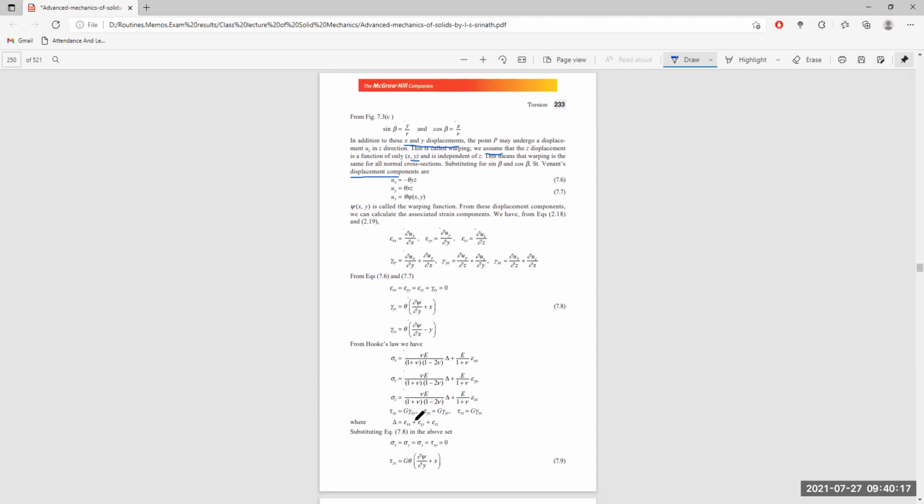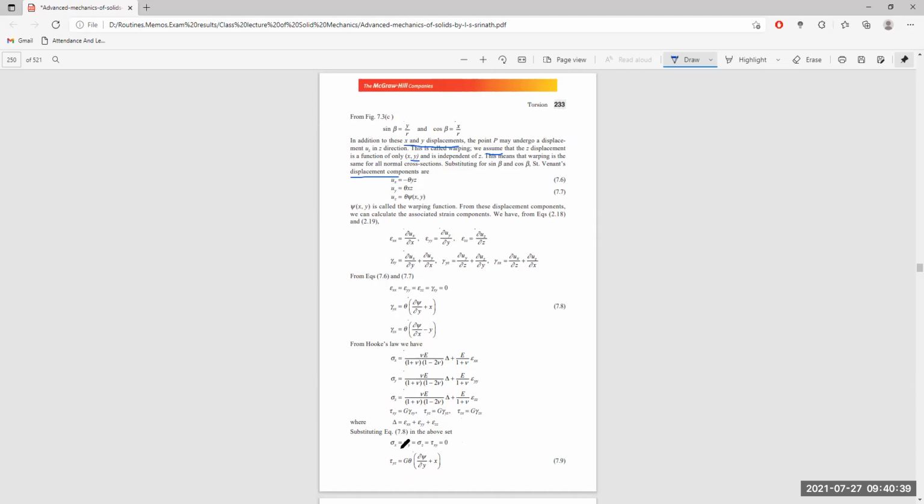So tau xy is G gamma xy, tau yz is G gamma yz, and tau zx is G gamma zx, where delta is equivalent to epsilon xx plus epsilon yy plus epsilon zz.